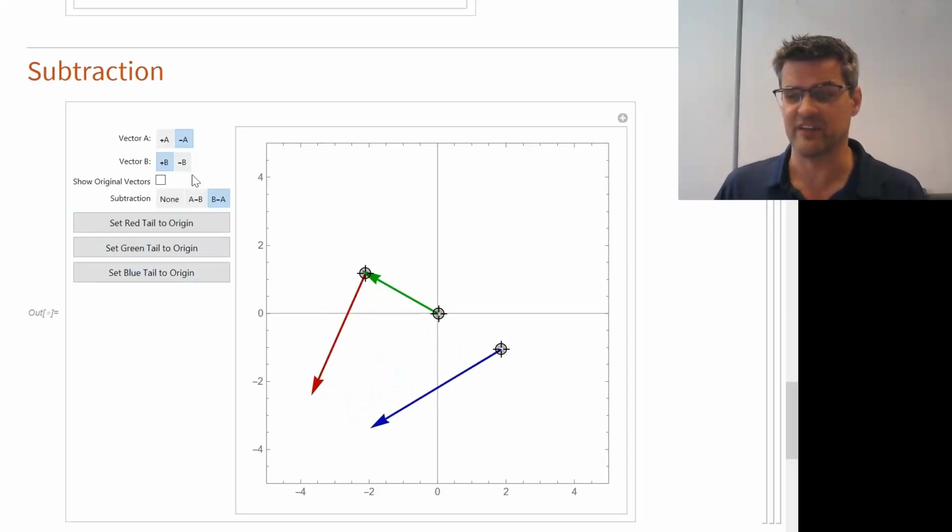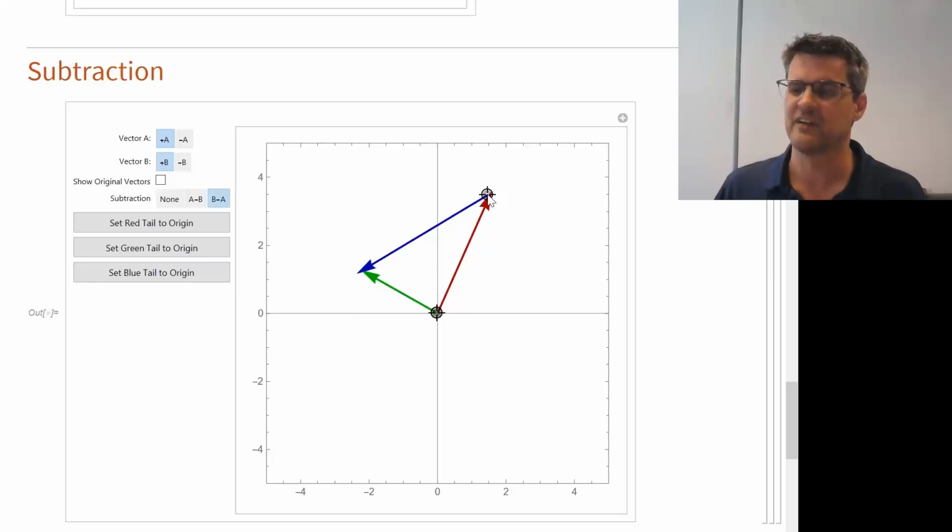And similarly, if we were to have A and B positive, both of them sitting at the origin, this blue vector points B minus A. So we go minus A, then we do B. That's what this is doing. It's pointing from the head of one to the head of the other.